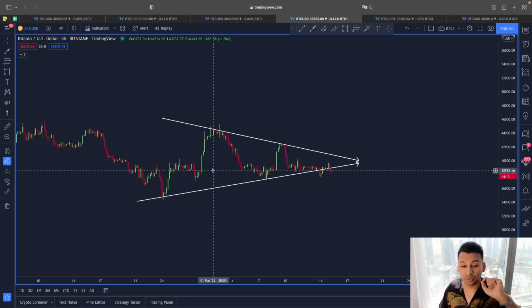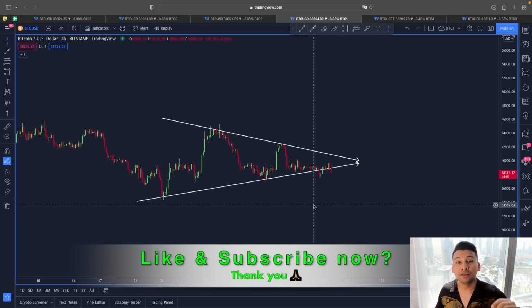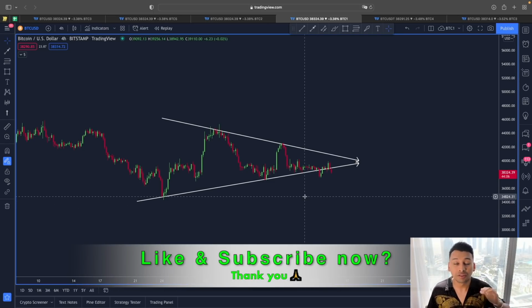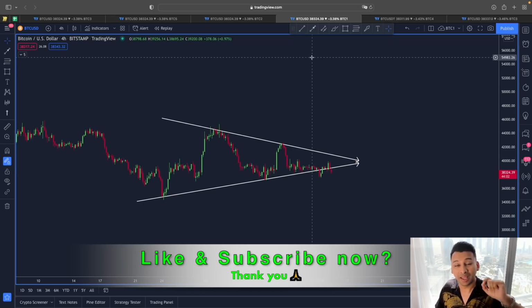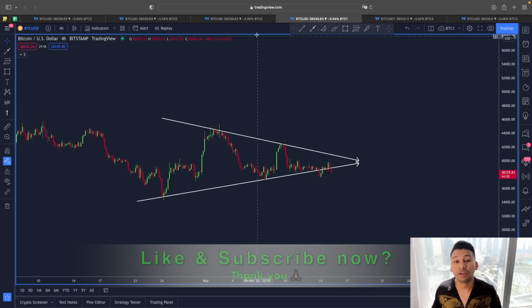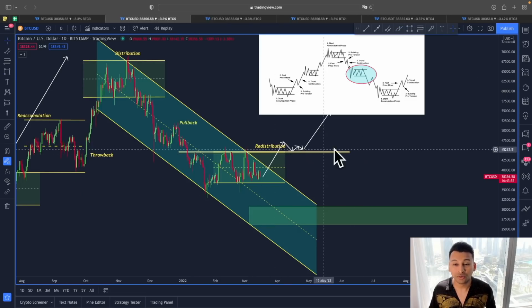That is the reason it's very important that the bulls defend this 39,000 support at any cost. And if we want to see any sort of impulsive movement and actual trend reversal, then the 45,000 resistance must be flipped into support.